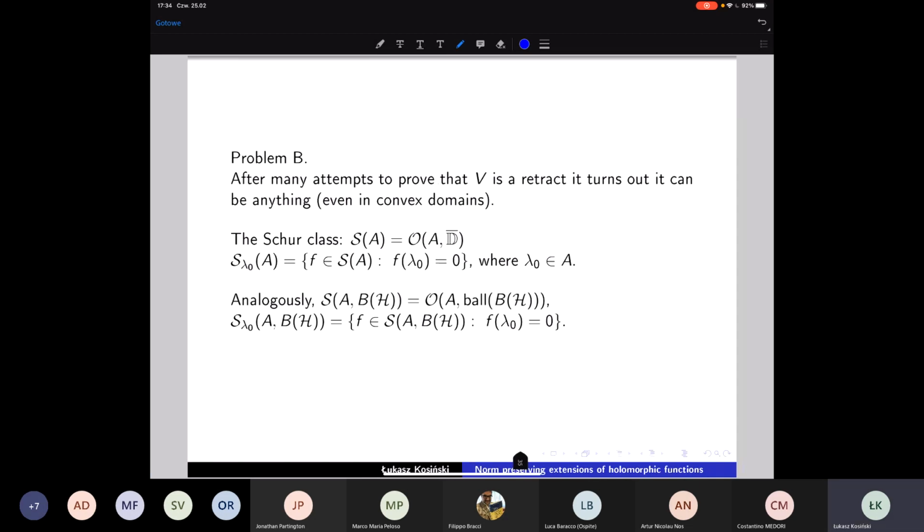In the same way, I define S of A, B of H: here we consider functions on A with values in the closed unit ball in B of H, and S lambda is defined analogously.